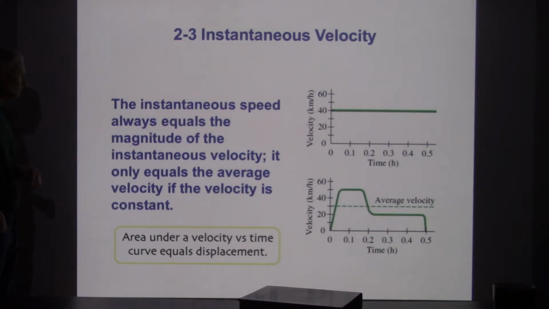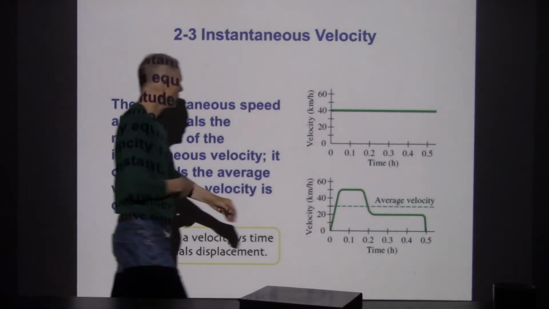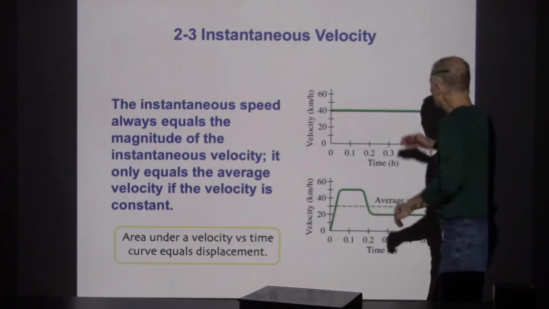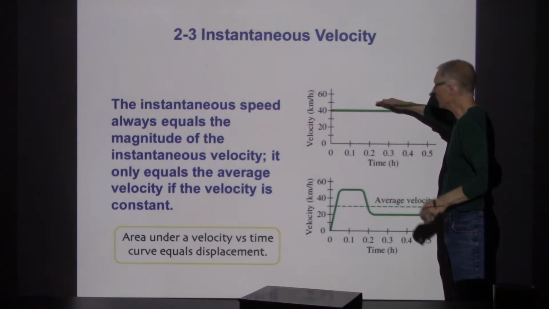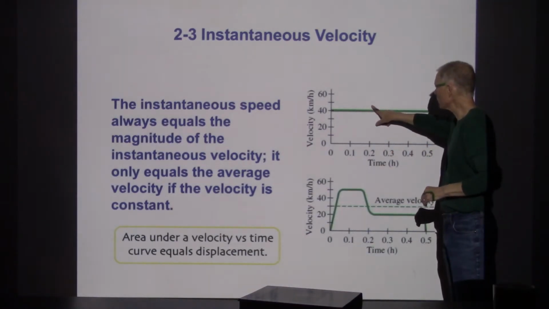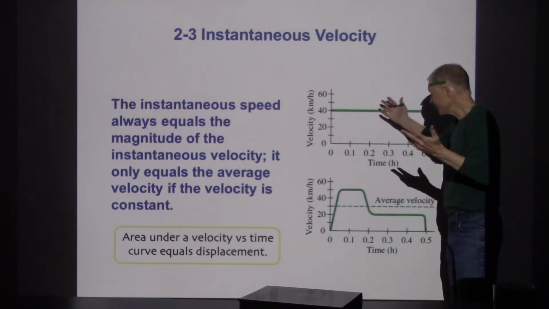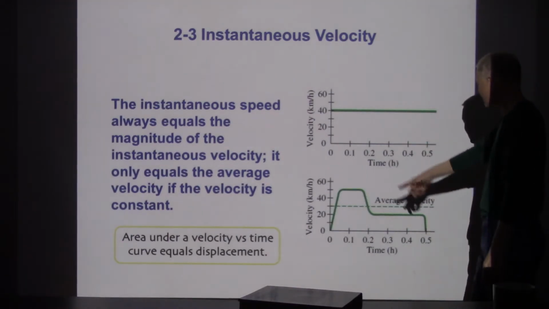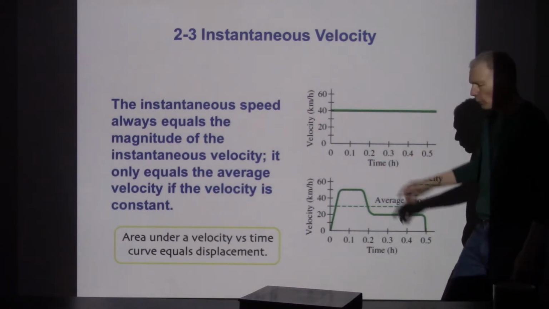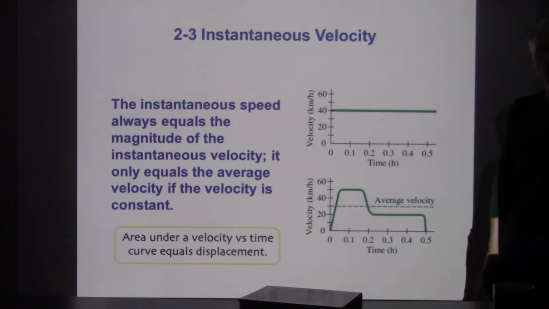Now a way to check and compare these graphs, notice that on this graph the object is going at 40 kilometers per hour the entire time. Is the object described by the lower graph ever traveling at 40 kilometers per hour?